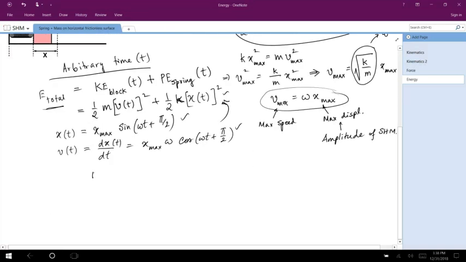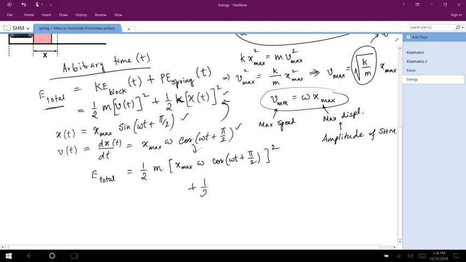So that will give us E total is equal to 1/2 mass times v, which is x max omega cosine of omega t plus pi over 2, and I'm just going to square this quantity. So that's the kinetic energy part.